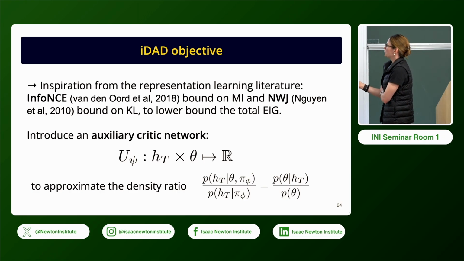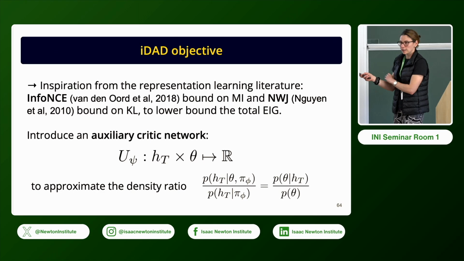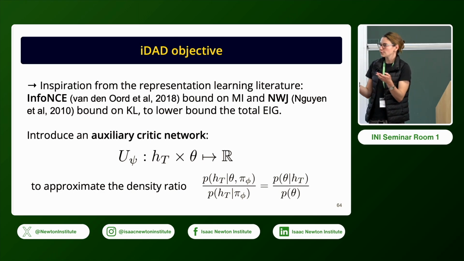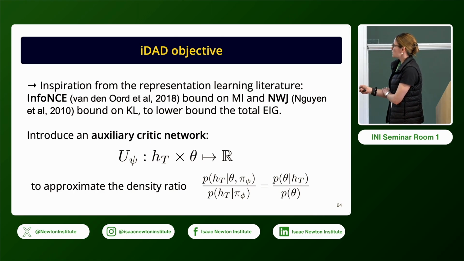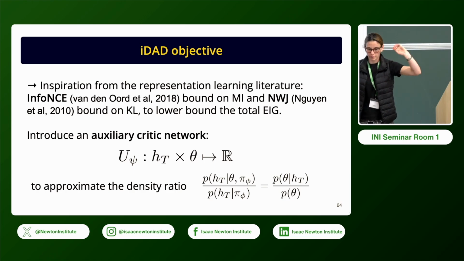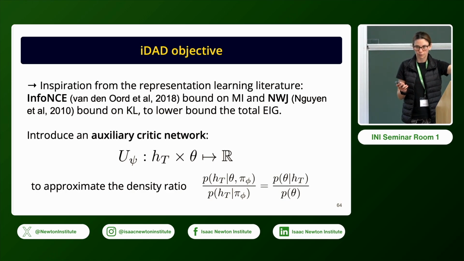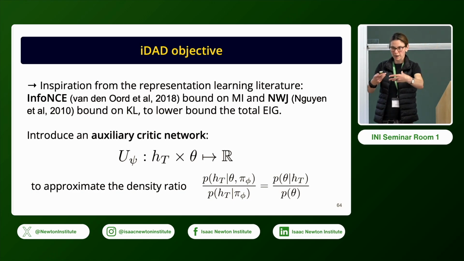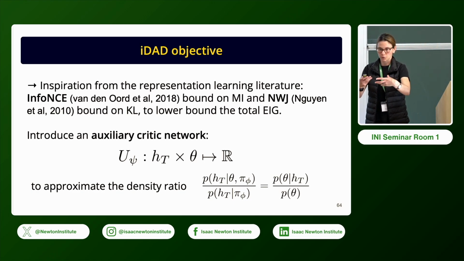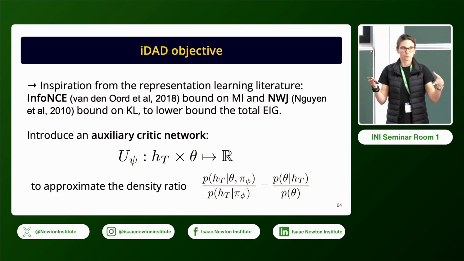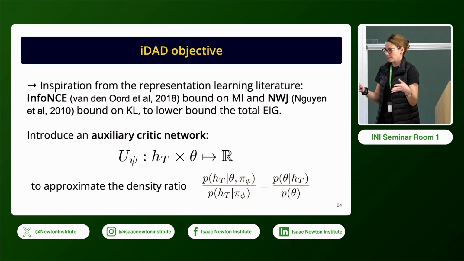You can think about the critic network as an object that aims to approximate the density ratio of the likelihood to the marginal, or the posterior to the prior. The two things are obviously equal. So we're going to have a critic network and a policy network, and we're going to be optimizing these two objects jointly in a single stochastic gradient scheme.